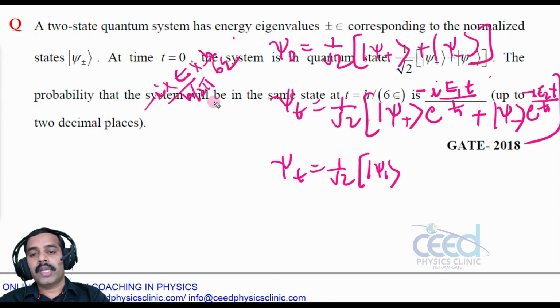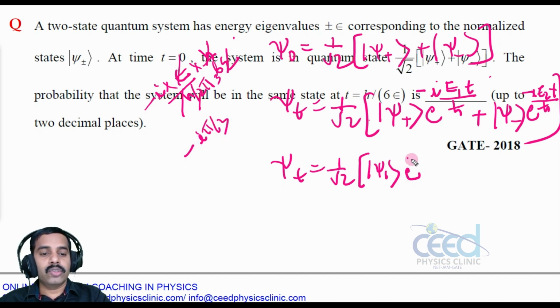So let me cancel this h and h, right? Here we have a pi, and this energy will cancel out, and what is remaining, 2 and 3, so we have π/3 here, so minus i π/3 here, right?